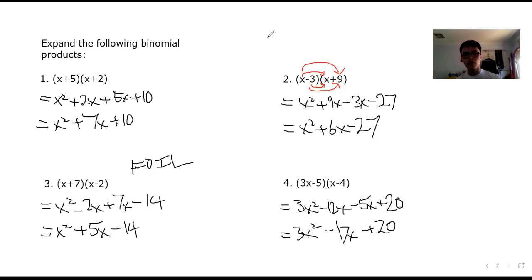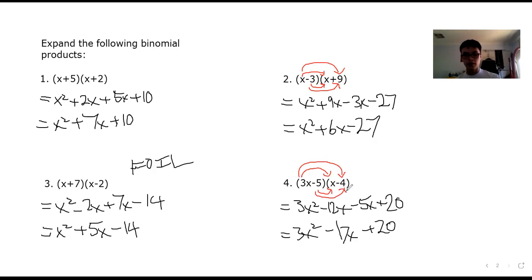And I'll just illustrate. First of all, multiply 3x by x, and then next multiply 3x by -4. Then I'm moving on to this -5 part now, so I'm moving on to I. We get -5x, and then multiplying the last term by this -5, we get 20.